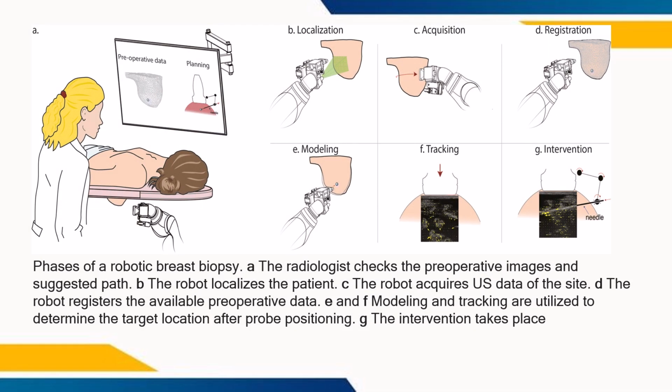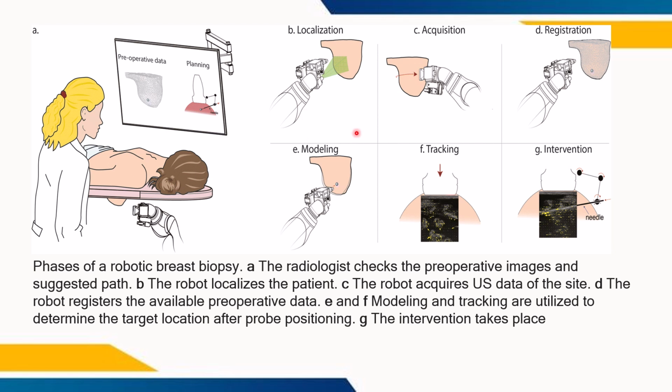In this slide, I have taken an example of breast cancer robotic biopsy and diagnosis. Here I have kept the phases of robotic breast biopsy. First, the radiologist checks the preoperative images and suggested paths. Then in the second image, in section B, localization is seen: the robot localizes the patient.